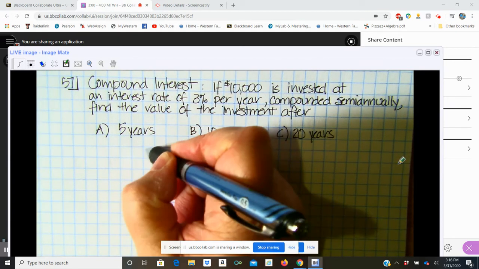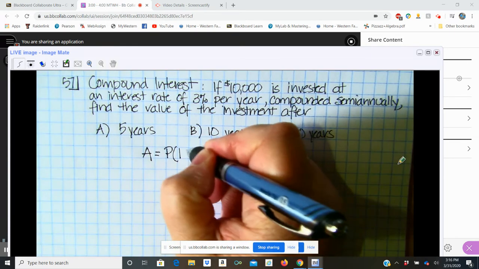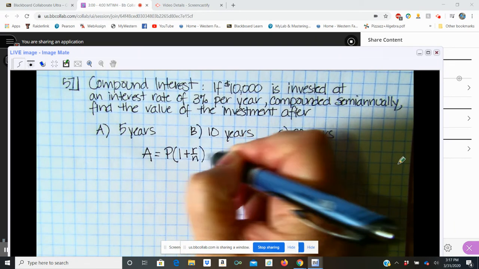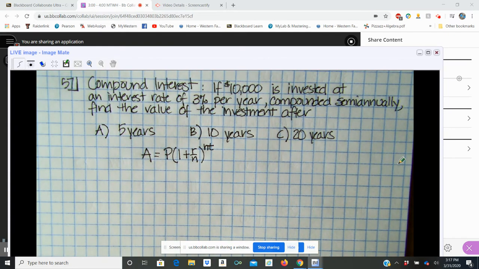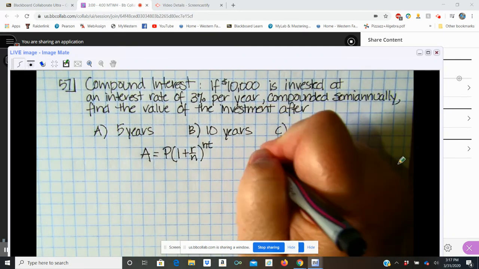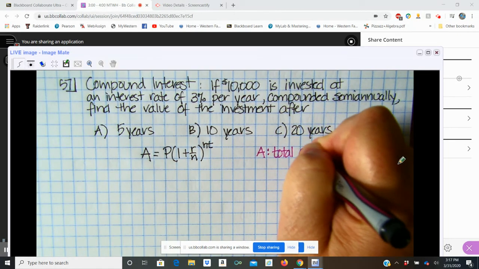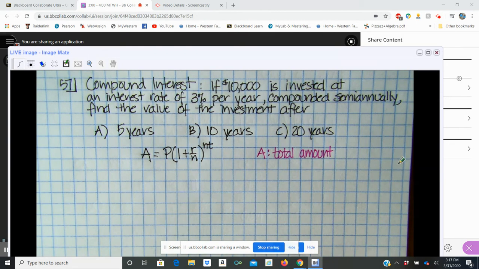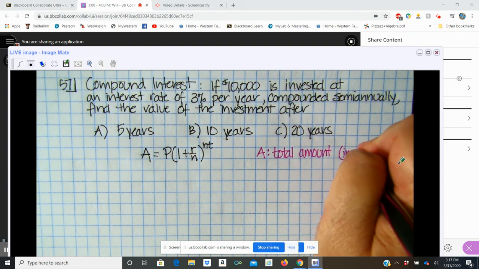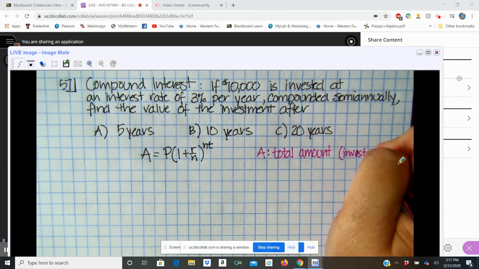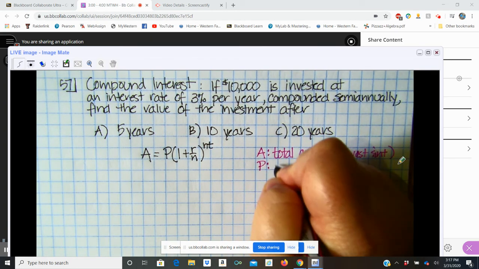There is a formula for compounded interest. It is A equals P times (1 plus R over N) to the NT power. And you need to know what everything stands for. A is the total amount, so that's investment plus interest. P stands for principal.